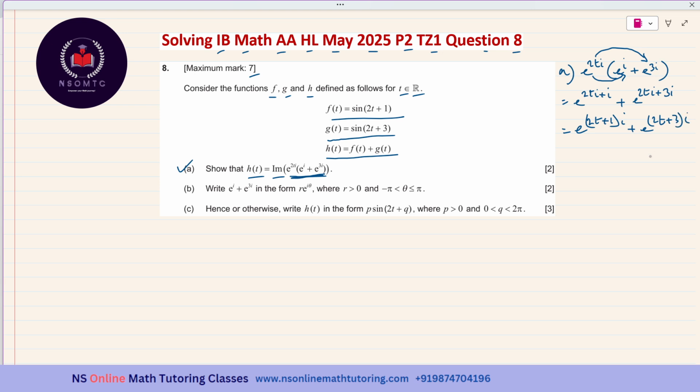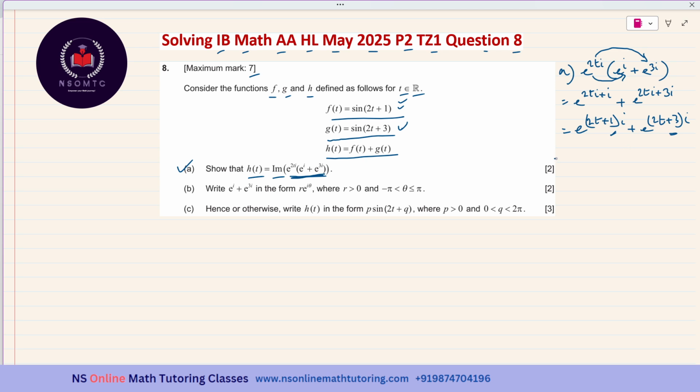Okay. Now I'm seeing that f of t and g of t, these are having the sine function. And this is in Euler's form. So let us change these two to polar form so that we can get cos and sine. Okay.